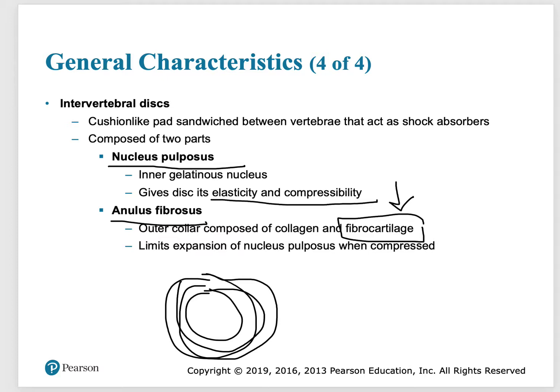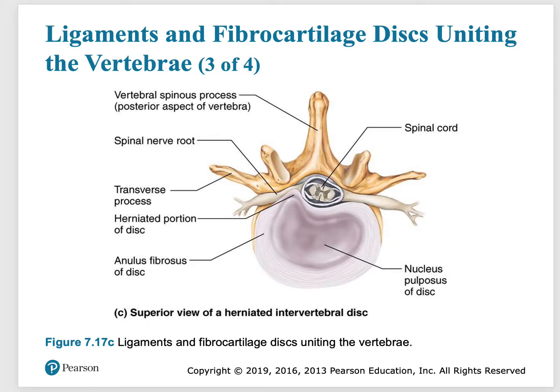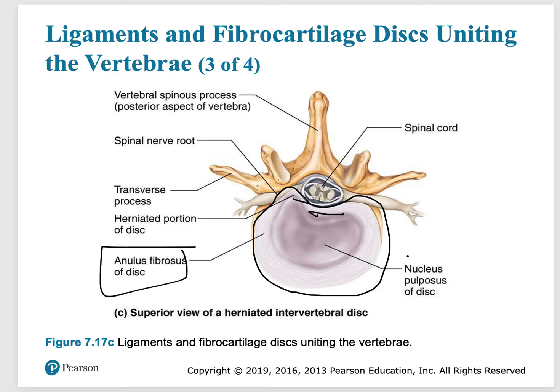All right, so this is important because let's say there's some kind of injury. So here, this outer ring layer is our annulus fibrosus. And this middle jelly portion is the nucleus pulposus.